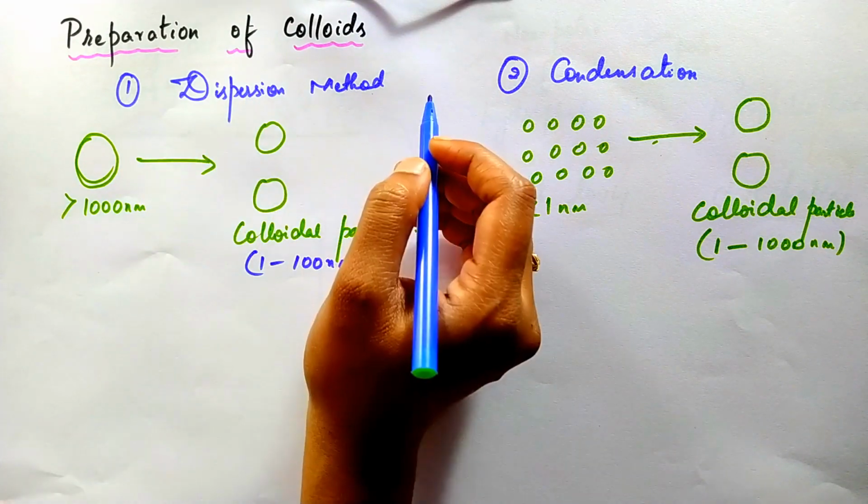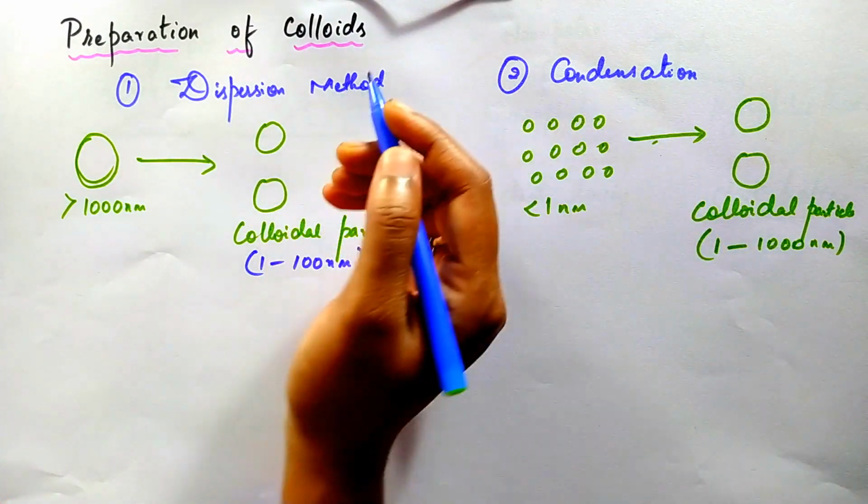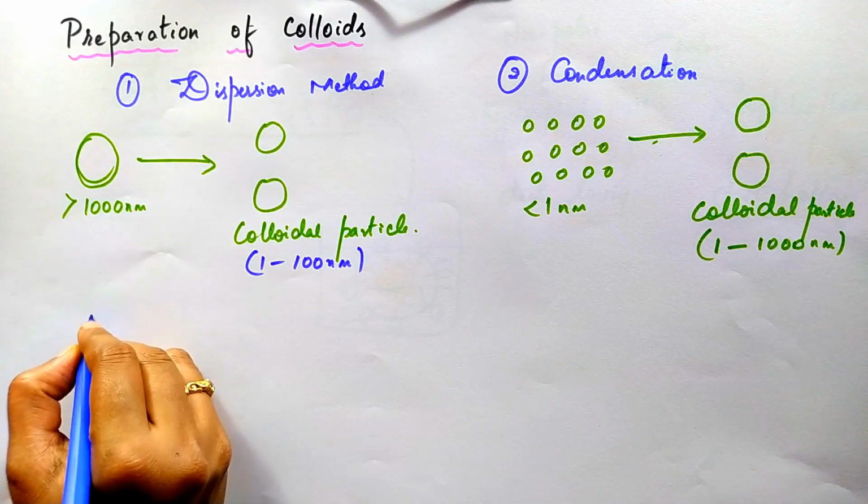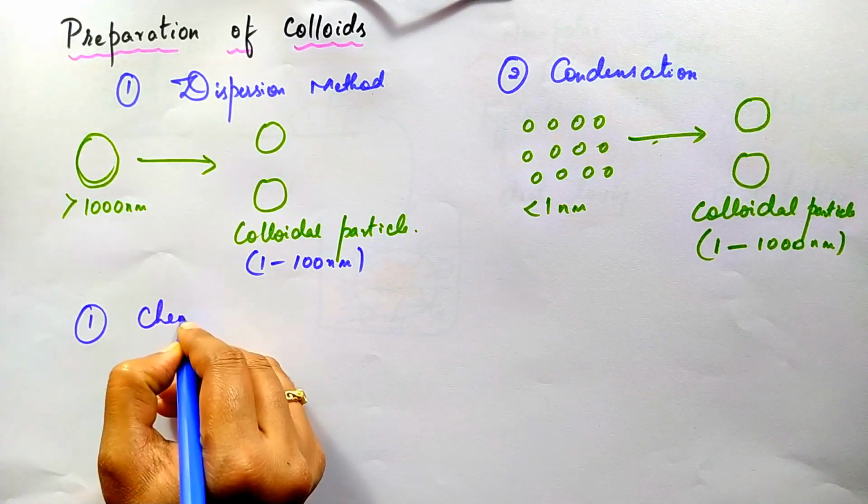Under this dispersion method and condensation method, there are different methods to prepare colloids. The first one is the chemical method.